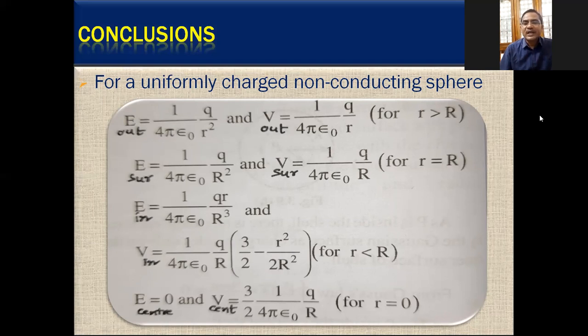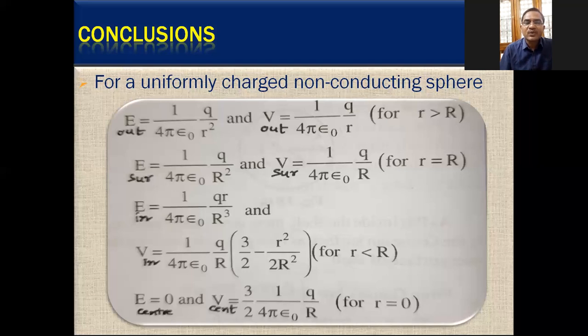Here you can observe one point: for a conducting sphere, E inside equals 0. For a non-conducting sphere, field strength is not equal to 0. For the conducting sphere, potential at every point is the same. For the non-conducting sphere, the potential at the center or at any point inside the sphere is not equal to 0.